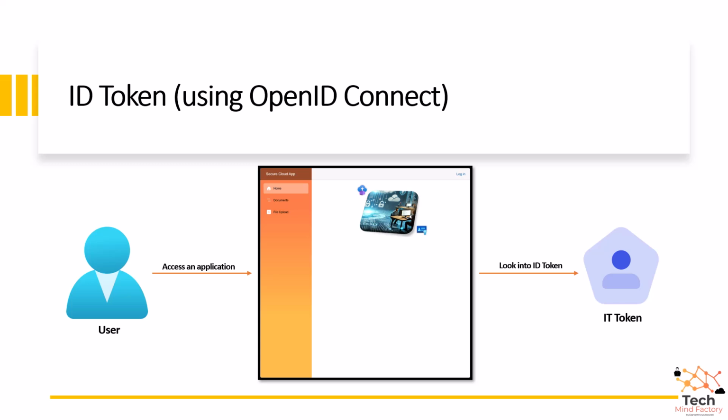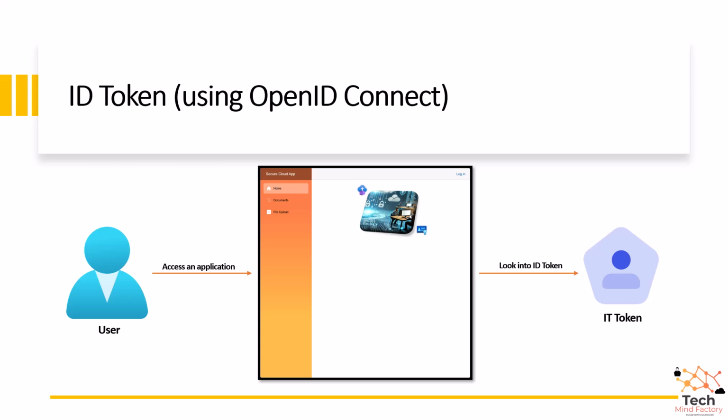When we integrate our application with an identity provider, once the user is authenticated, the application will receive something called an ID token. In this ID token, there is information about the user identity. This information is used by the application to confirm and answer the question of who the user is. In the ID token, there is information about the first name, last name, unique ID of the user, email, all the data related to the user.